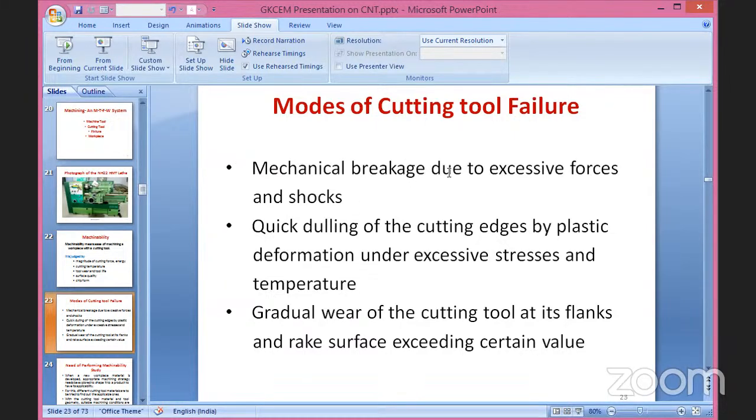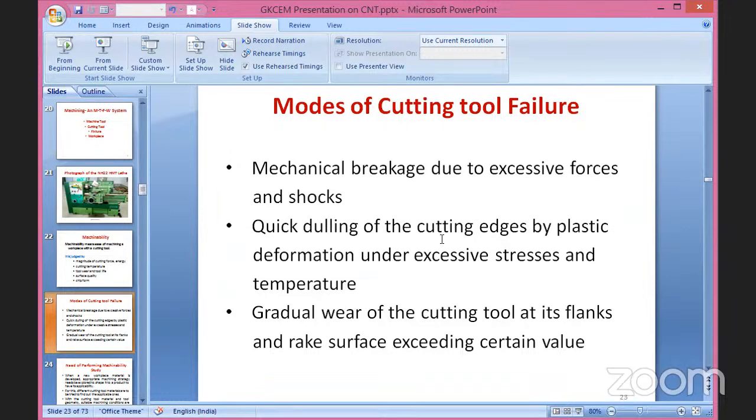First, mechanical breakage due to excessive forces and shocks. That can happen sometimes to a cutting tool, specifically when the tool is newly developed and your workpiece is very hard and brittle. At that time, this kind of mechanical breakage may happen, due to shock, due to excessive force requirement, due to very high hardness of the workpiece.